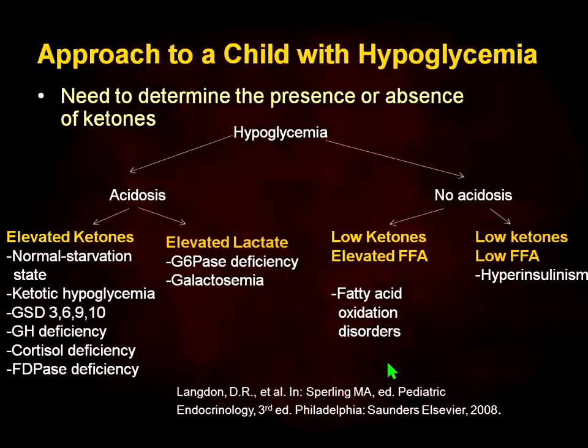And everything else is longer. But if you have no acidosis and no ketones, either it's too much insulin or a fatty acid oxidation disorder. You can't break down your fatty acids, okay? All the other ones have normal and elevated ketones, okay? So we'll break this down a little bit and talk about the more common ones that you'll see and the ones I think that you'll potentially see on your boards.